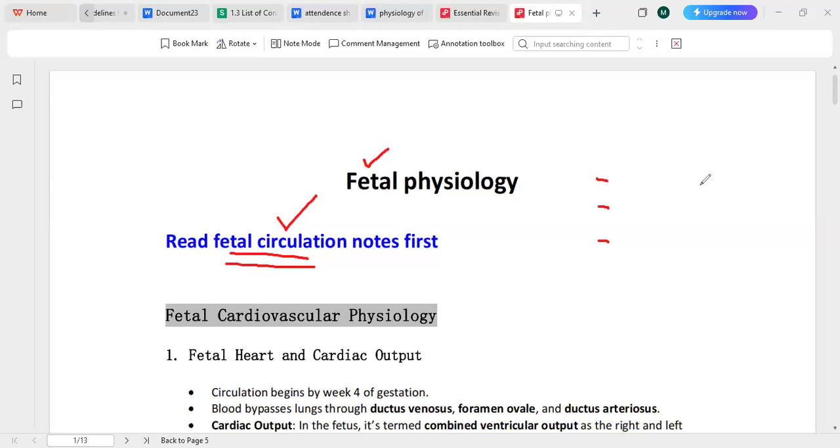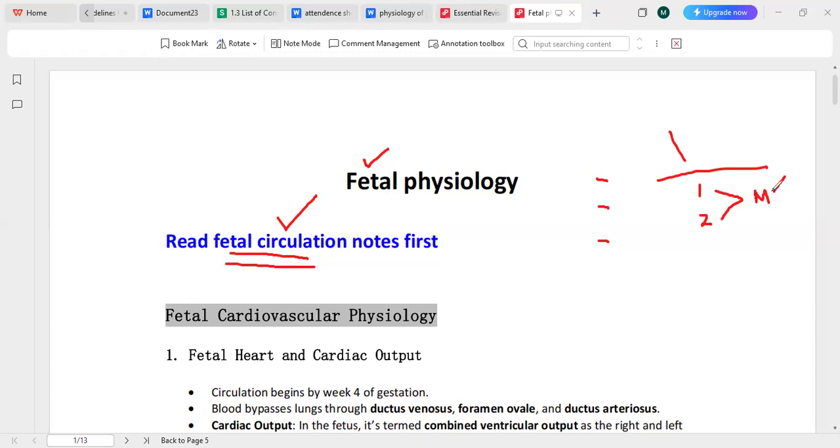I've also told you that in physiology, if they ask very basic questions about a normal person's physiology, that's a part of your MRCOG 1. But these two topics, maternal changes, are very important across all the systems.